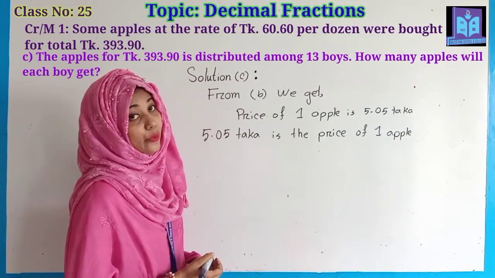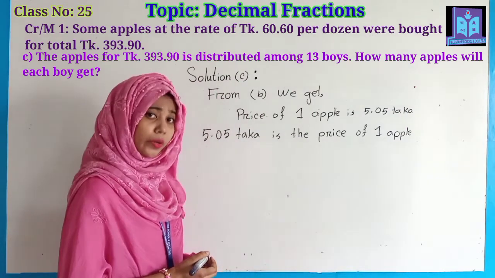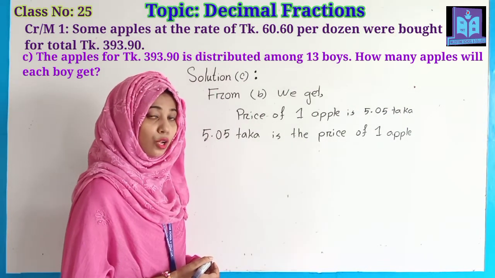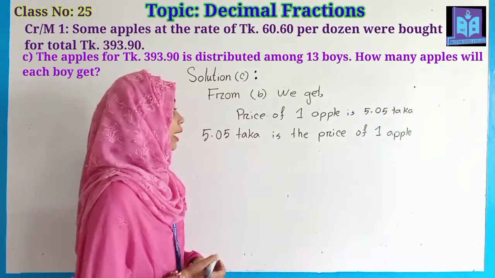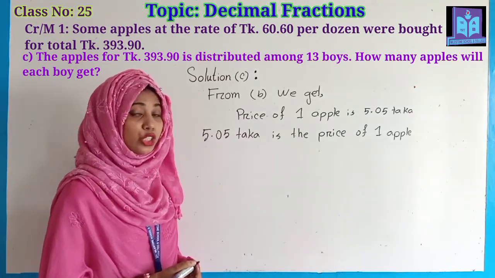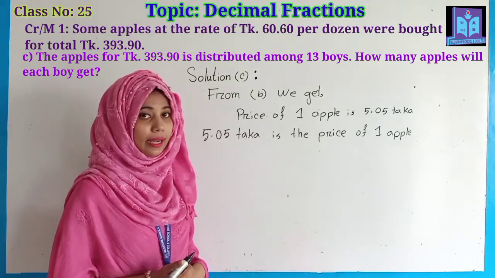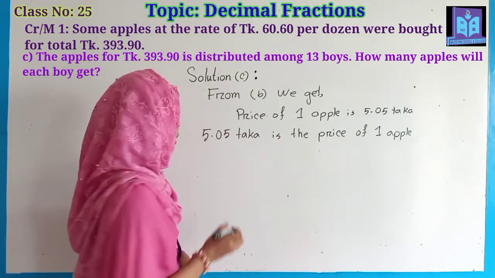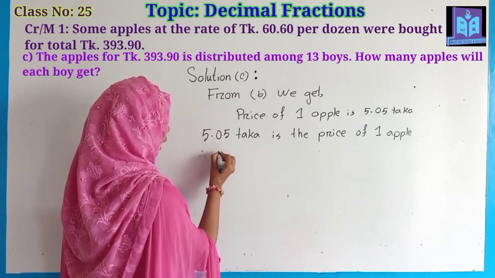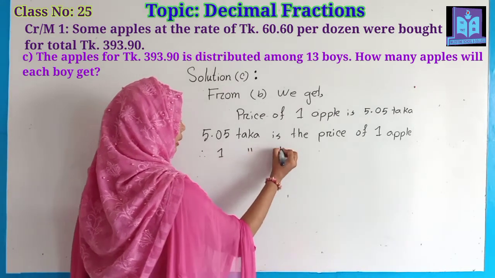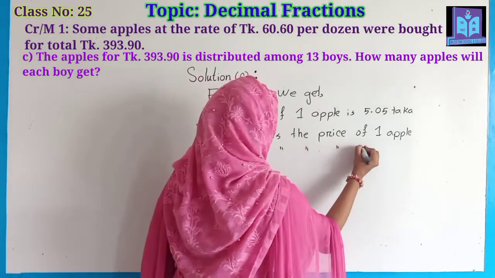Here we will use the unitary method. Do you remember this method? Okay, very good. In a unitary method, at first you have to find out how many apples you can buy for 1 taka. That's why I will use the therefore sign and write 1 taka is the price of.